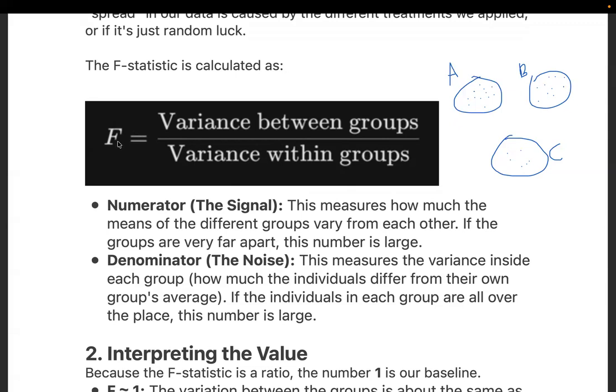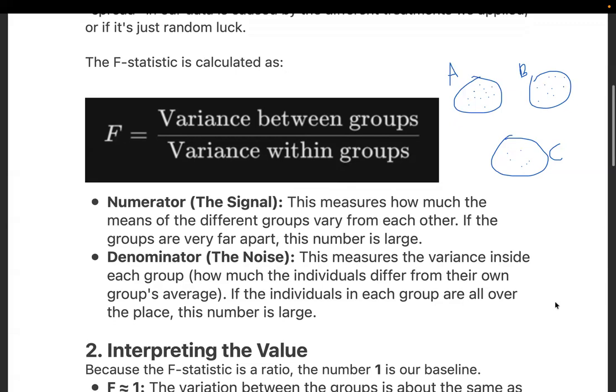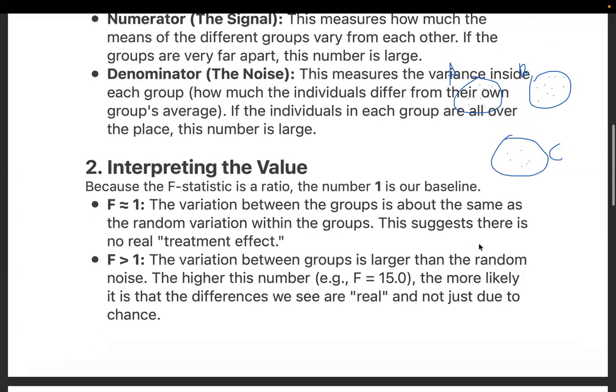Only then you get F equal to 1 or close to 1. Theoretically, it's not a good result. This suggests that there's no real treatment effect. It's not statistically significant, which means none of the fertilizers are much different from each other. A, B, C are almost the same. We cannot reject the null hypothesis. We fail to reject the null.